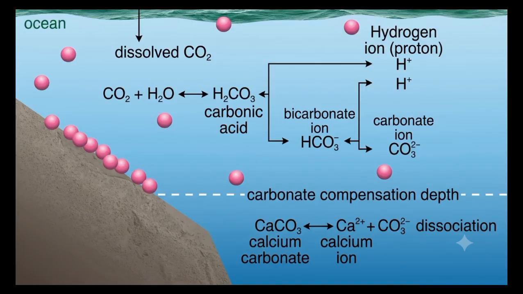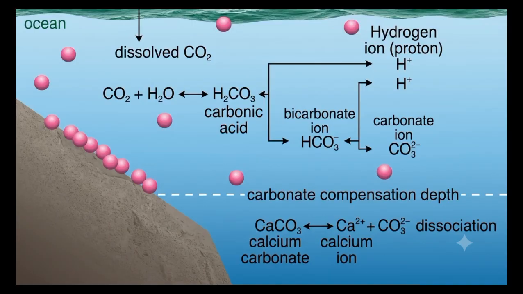If the reaction is less, the H plus ion will be less. If H plus ion is less, the environment will be alkaline, because if H plus ion is more, the environment will be more acidic, and if H plus ion is less, the environment will be more alkaline.